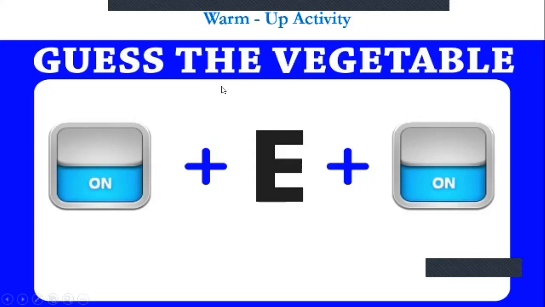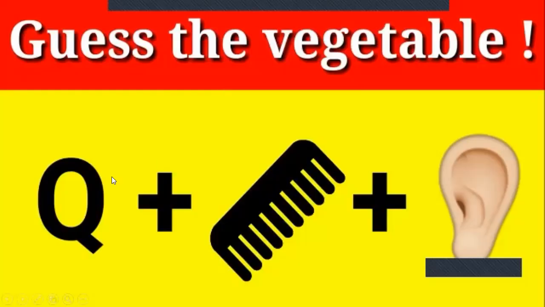Let us see. This is also a vegetable. Q plus home plus ear. So can we see the answers? The first one is on plus E plus on, onion. And the second one is cucumber.